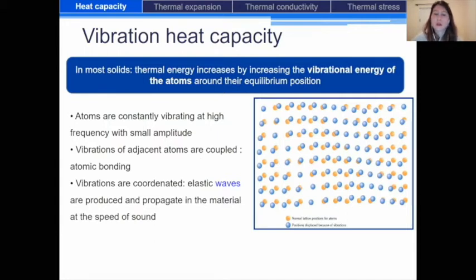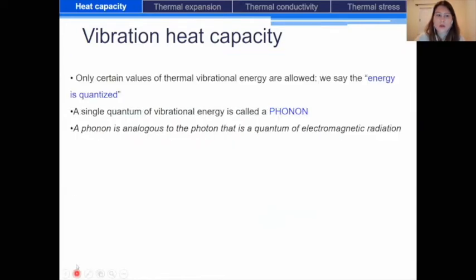And so if the thermal energy increases by increasing the vibrational energy of the atoms, we should also say that only certain values of thermal vibrational energy are allowed in a material.